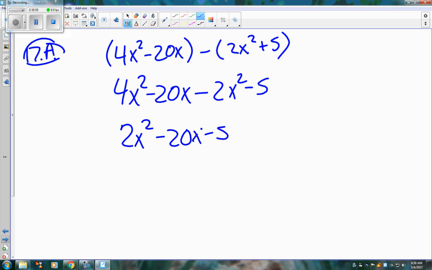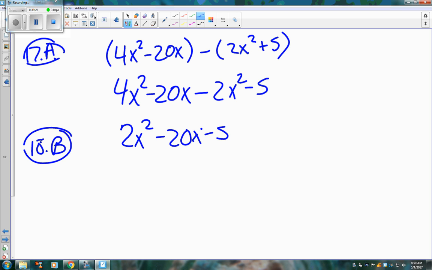Which statement best describes the graph of f of x plus 6? B. Because it's x plus 6, that means the graph is going to shift left 6 units. So B. Number 19. Which of these is an even function?